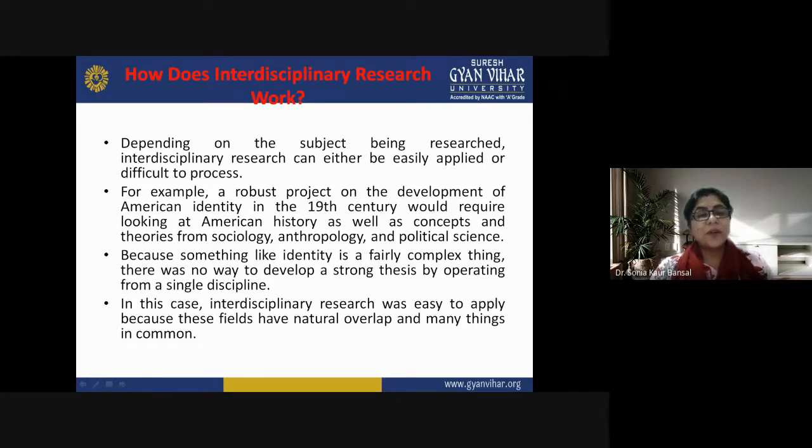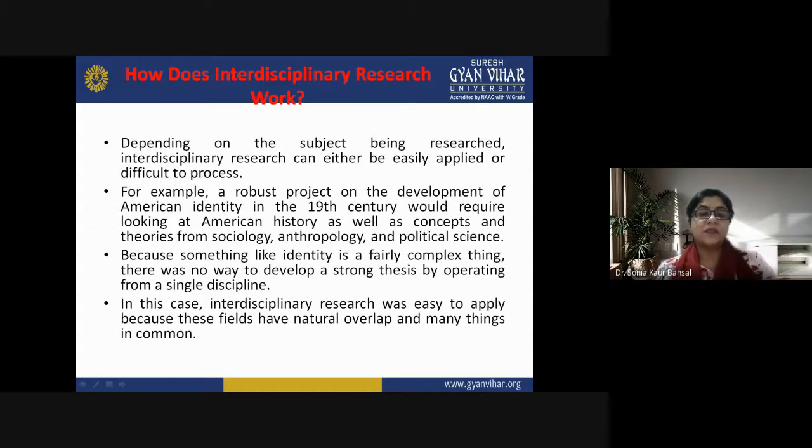For example, take a robust project on the development of American identity in the 19th century. It would require looking at American history as well as concepts and theories from sociology, anthropology, and political science, because it is about how the identity of Americans was developed.